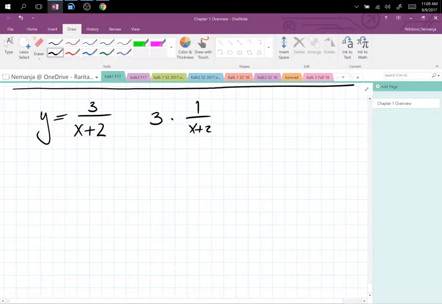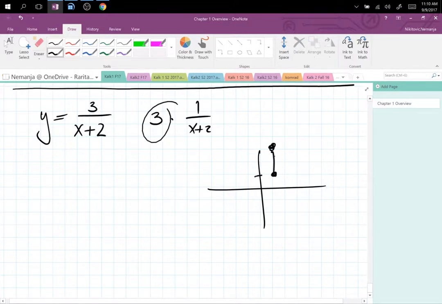So this 3 is going to vertically stretch everything because it makes every y value 3 times further away from x-axis. Observe, if your original point was supposed to be at 1, this 3 will put that point at 3.